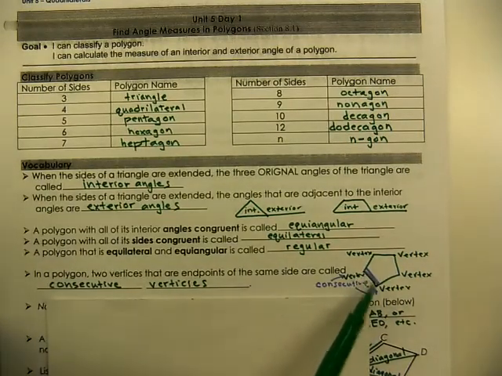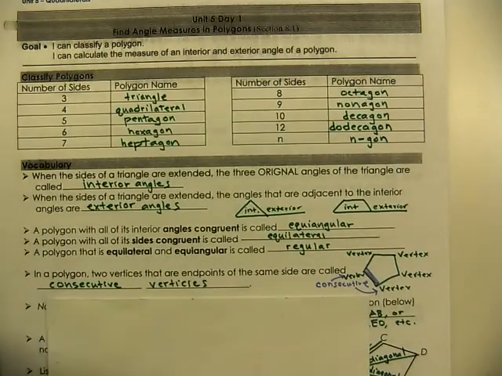So we don't call them adjacent. In geometry, we define adjacent as being, for example, 2 adjacent angles. They have to share a common side and a common vertex. Here, these 2 angles share a common side, but they don't share a common vertex. So they're not adjacent. We call them consecutive.